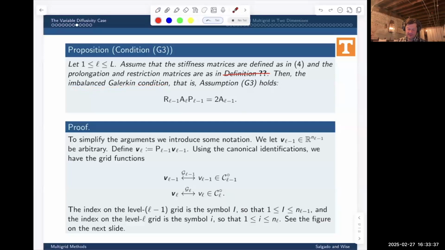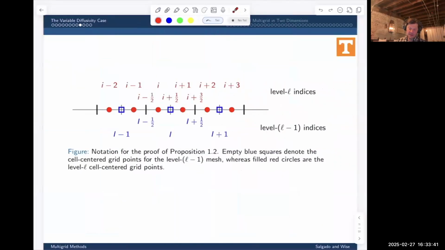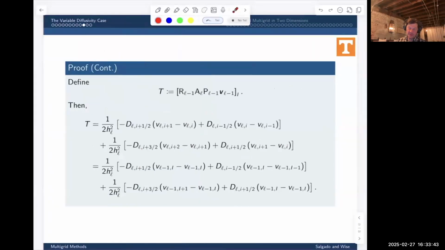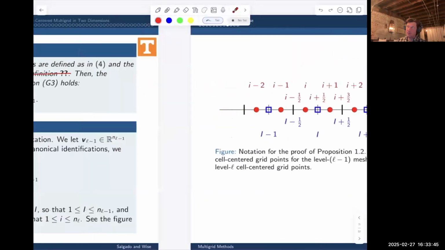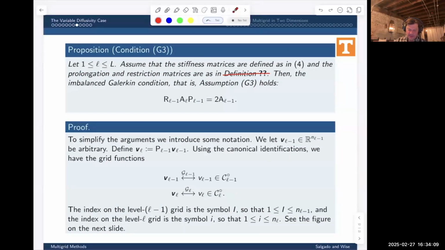How can we prove that this holds? Let's actually go through the calculation somewhat. We're going to prove that this imbalanced Galerkin condition holds. To simplify some of the arguments, I need to introduce some notation that is going to make life simple for us.